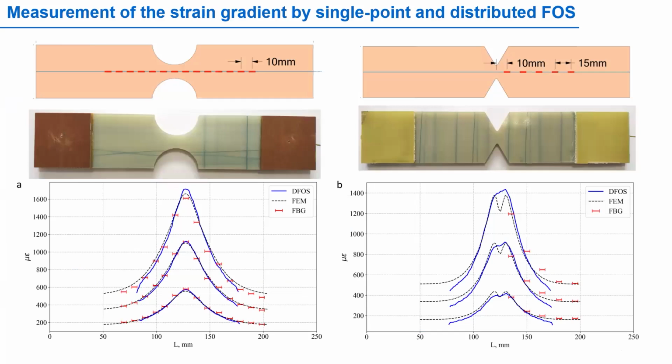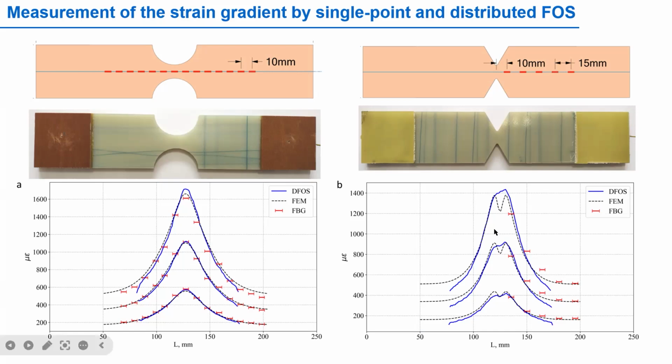And the second part is about strain gradient measurement by fiber optic sensors. On this slide is a case of two composite specimens of different shapes, and by applying tension to these specimens, the strain distribution was measured by single point and distributed fiber optic sensors, and it was also compared with finite element analysis.